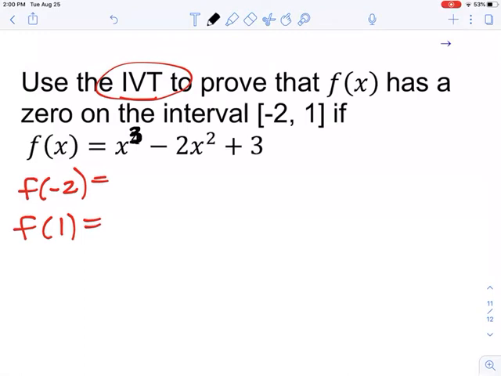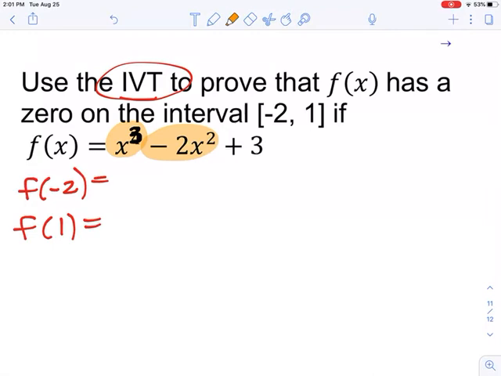Okay, we're going to need to do something here. Let's go ahead and change this to x cubed. Sorry about that, guys. Let's change that to x cubed.